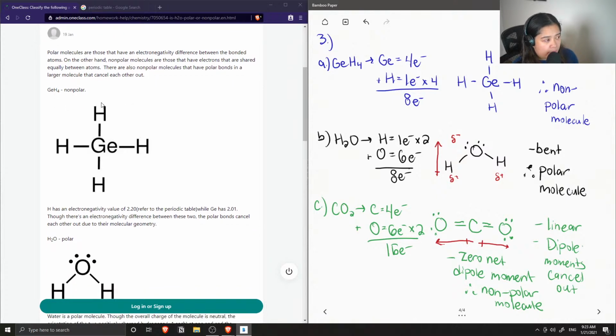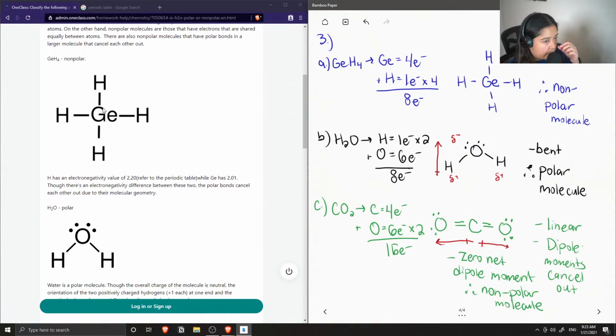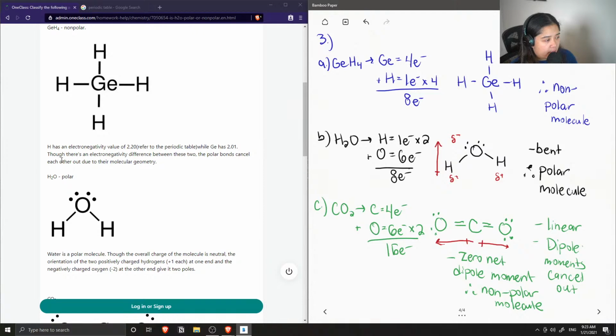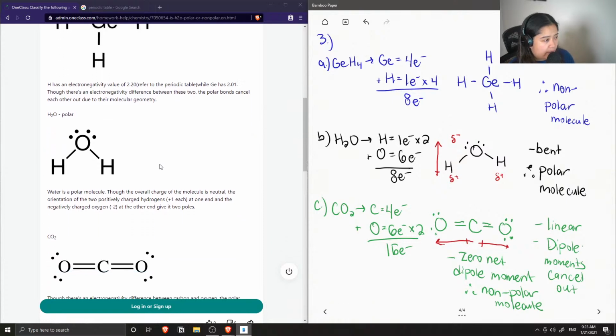So for our first molecule, it's nonpolar. And they also calculated the electronegativity difference between the two. And it says, though there's some electronegativity difference, the polar bonds cancel each other out due to their molecular geometry.